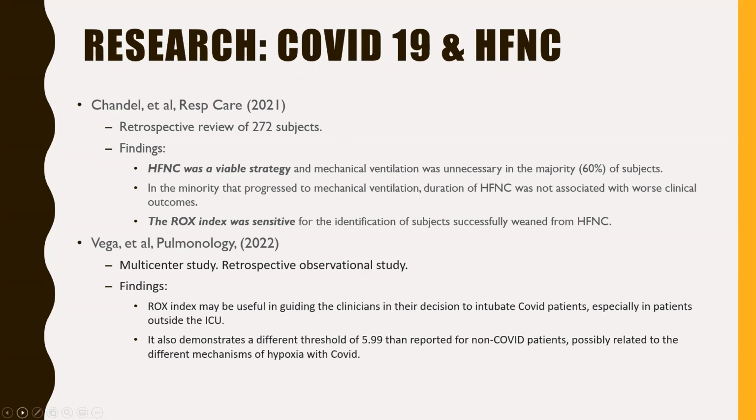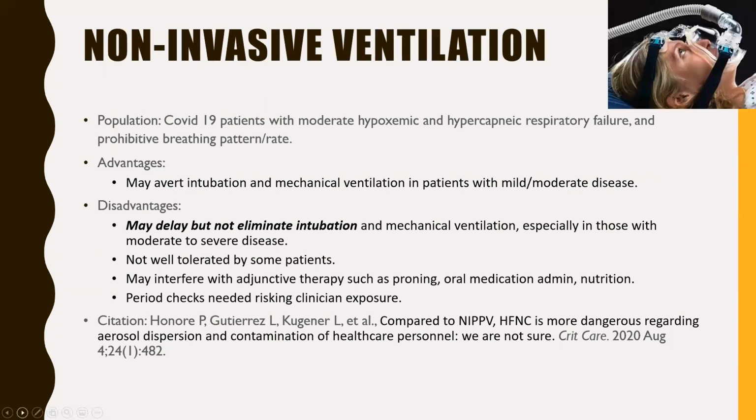So there is some theory out there that the threshold for COVID patients can be higher, well into the 5s, almost 6 for COVID patients. I'm not saying that you should definitely use that, but you need to be aware that this particular study did show that the threshold of 4.88 may not be appropriate, and that a slightly higher one would be used for folks that have COVID-19 respiratory failure.